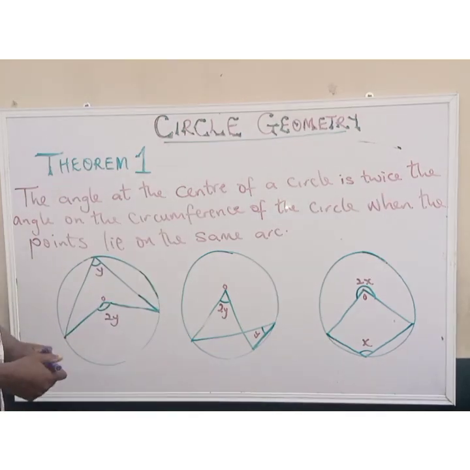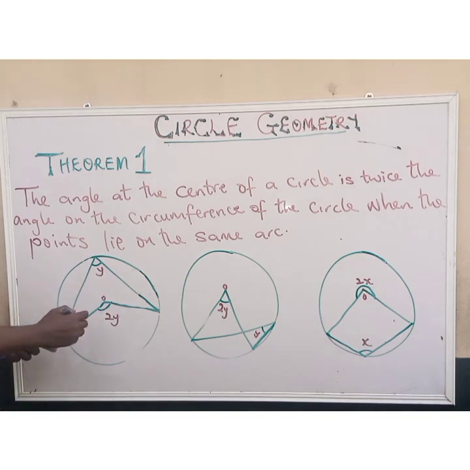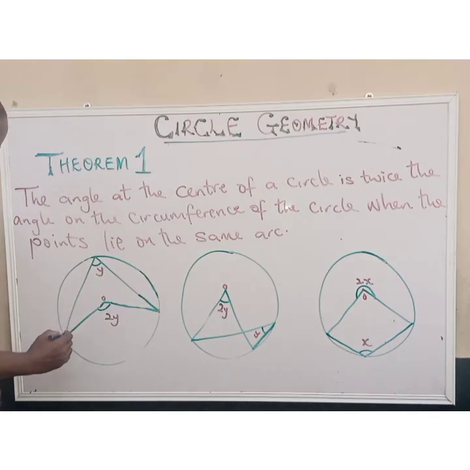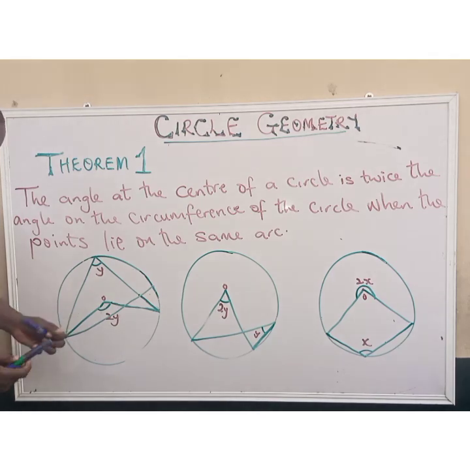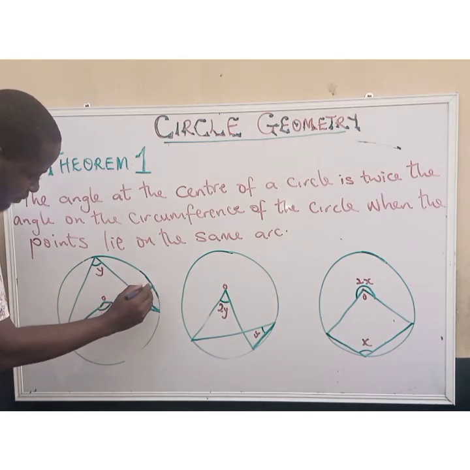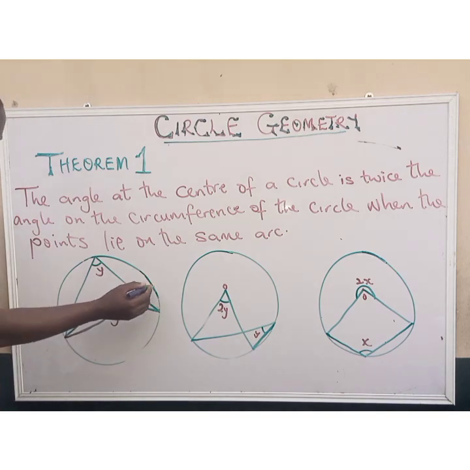So in a situation whereby, for example, this angle moves to this side, you may have something like this. And you have this.